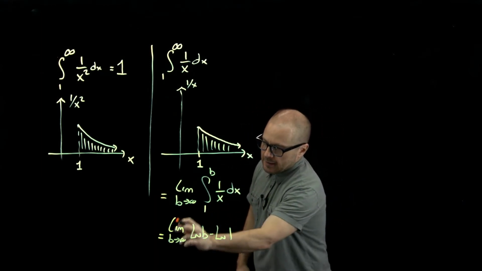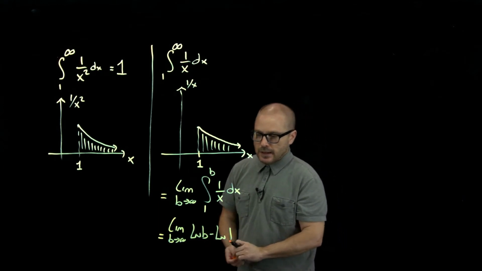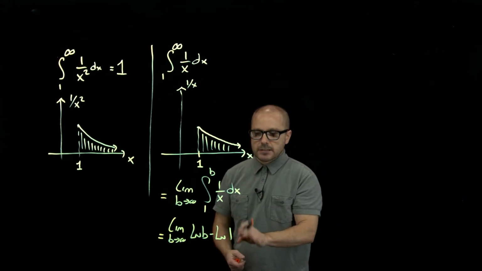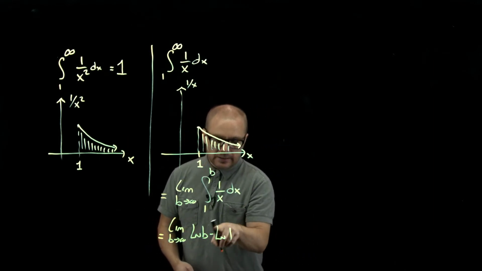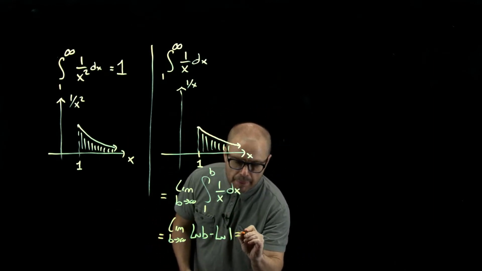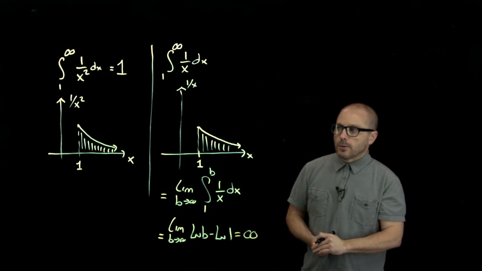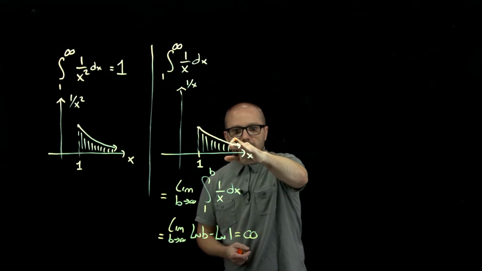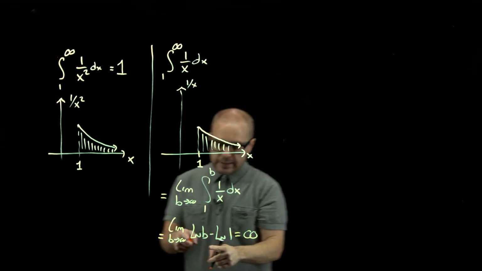And remember my example of Alpha Centauri. Natural log of b there, that's growing very, very, very slow, but it does grow without bounds. So that's infinity. This is just 0. So even though this function's getting closer and closer to 0, as you add up, so what did we see here?